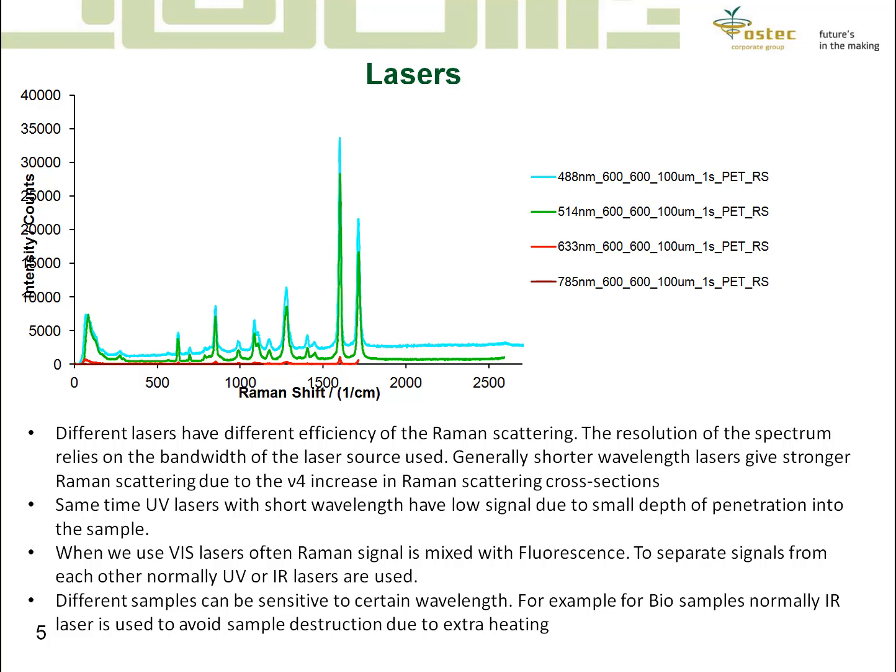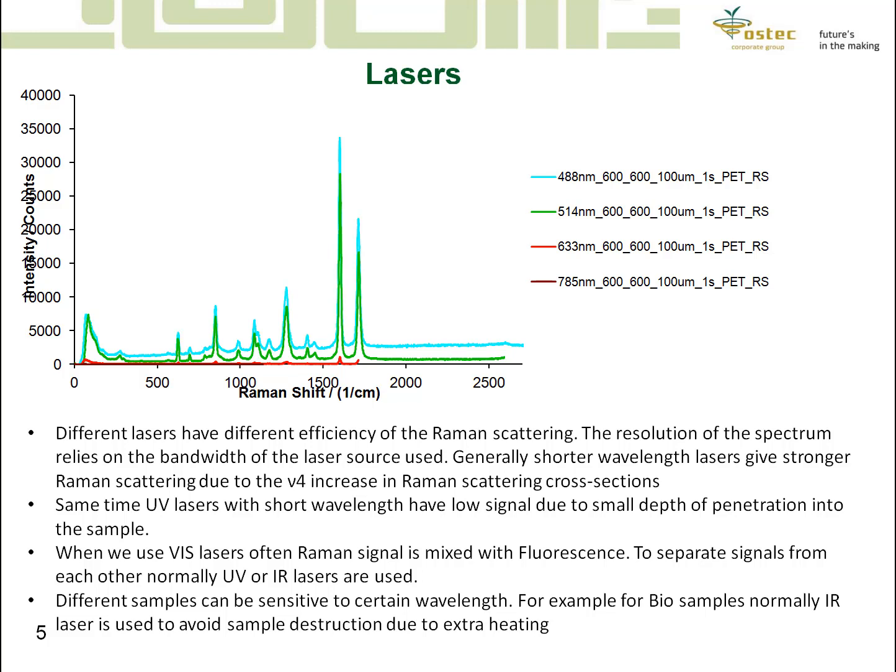In this case, for Raman scattering, typical excitation wavelengths are in the range from UV and violet, like 405, 445 and 473 nanometers, up to the infrared range, up to 785 nanometers or even 1064.